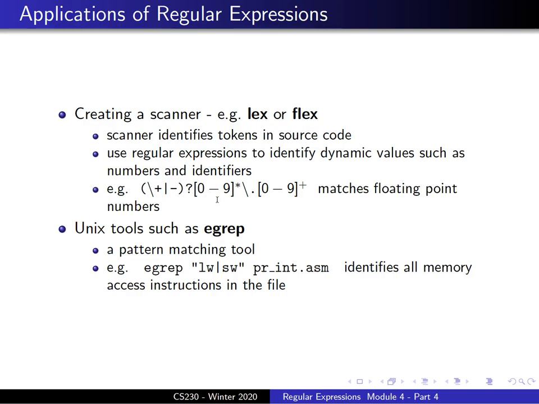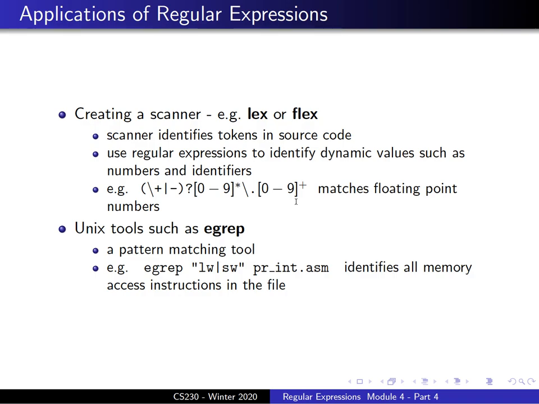And then we allow 0 or more copies of the digits from 0 through 9 before a dot or a decimal point. And then following that, we need to have at least one digit 0 through 9, but we could have many, many digits after the decimal point, so we would use a plus in this situation.